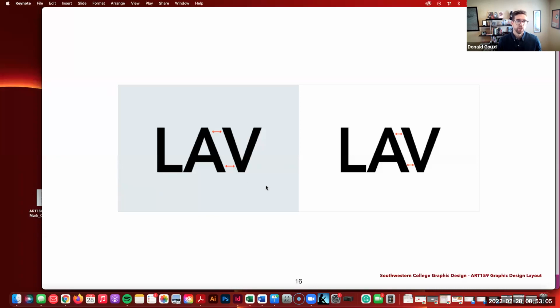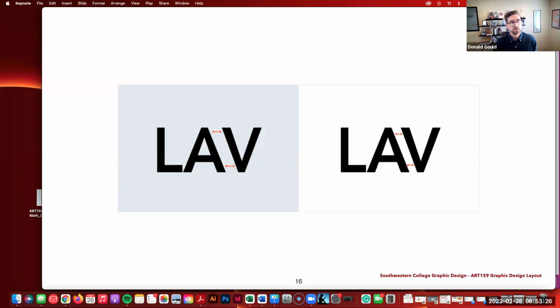Typically, when we are typing out letters within a particular typeface, they're going to have a default spacing between each one of those letter forms. When that typeface was created, they basically took that letter form and made a default spacing that it should have between the letter forms that are going to come next to it.